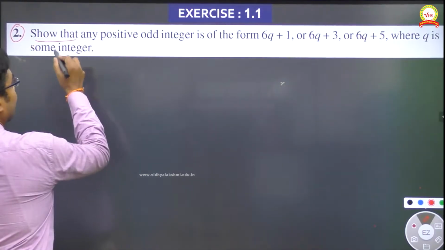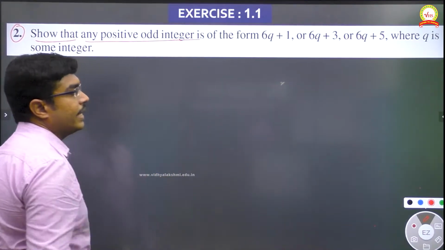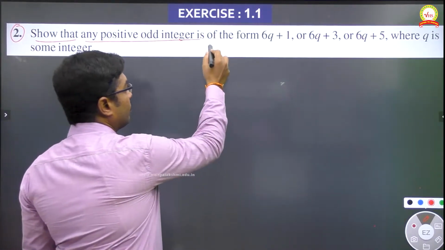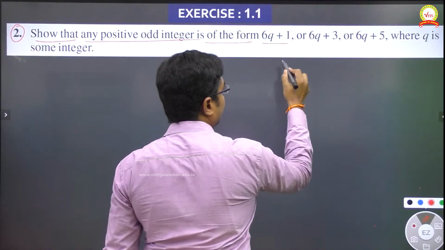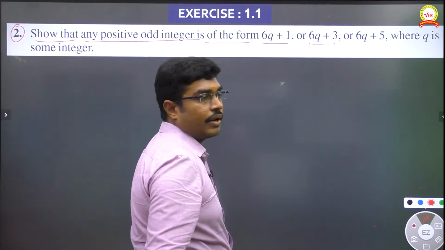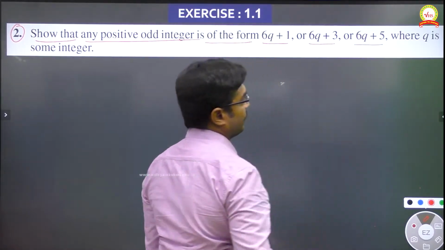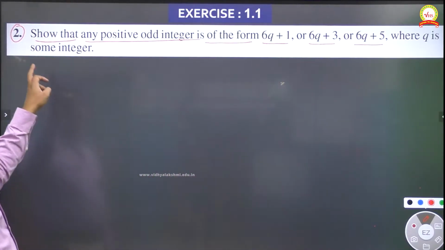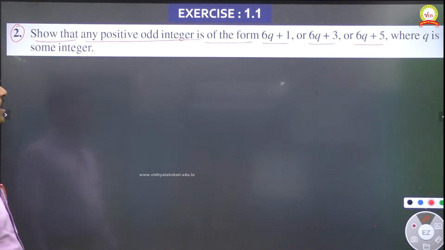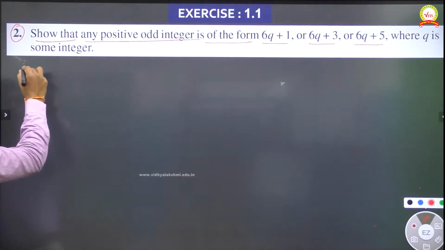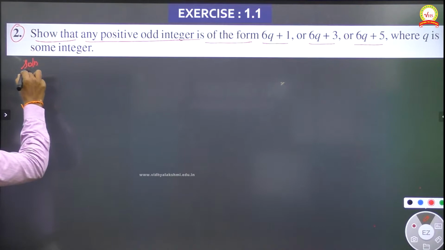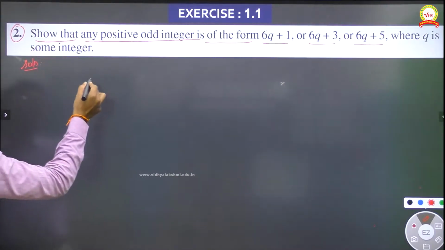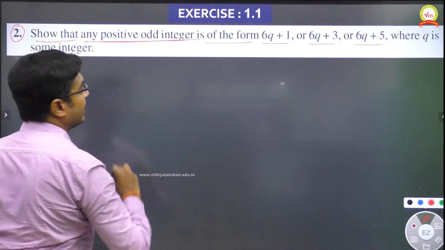Show that any positive odd integer is of the form 6q plus 1 or 6q plus 3 or 6q plus 5, where q is some integer. Q is some integer. Okay, see the solution. Show that any positive odd integer.